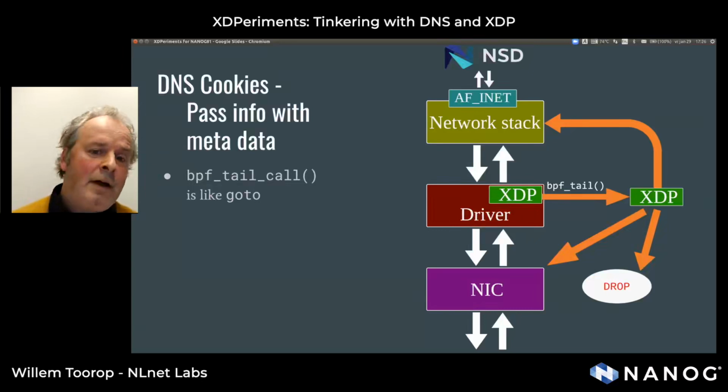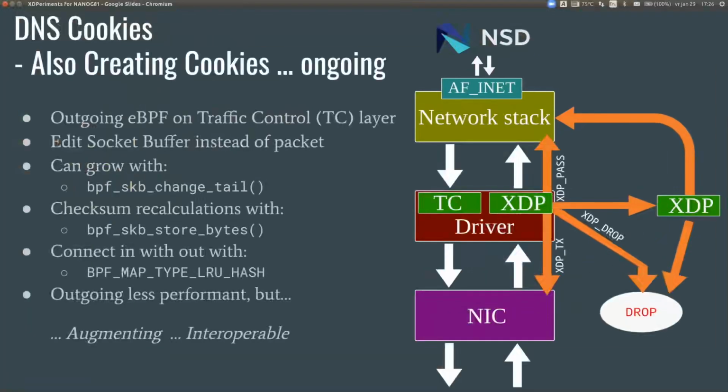Alternatively, we could also do the complete DNS cookie processing with BPF by running two BPF programs. One for incoming packets, verifying the cookies at the XDP layer, and one for outgoing packets coming from the DNS service in user space, which will be responsible for creating the cookies. BPF programs on the TC layer are very flexible. You work with socket buffers instead of the raw packet, which can be resized with BPF helper functions.